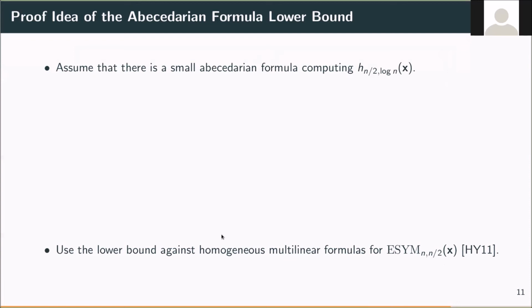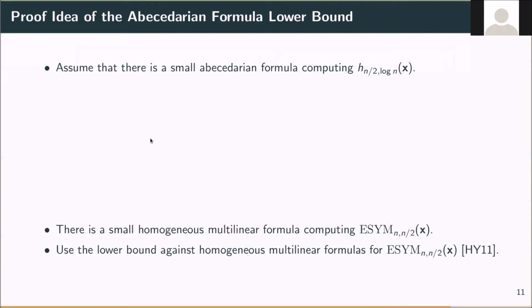The way we will contradict this statement is obviously by using the given abecedarian formula computing our hard polynomial to construct a small homogeneous multilinear formula computing ESym n by 2. And this obviously will be contradicting the lower bound. Here small is going to be something which is smaller than the lower bound, that is good. Okay. So how do we get to this?